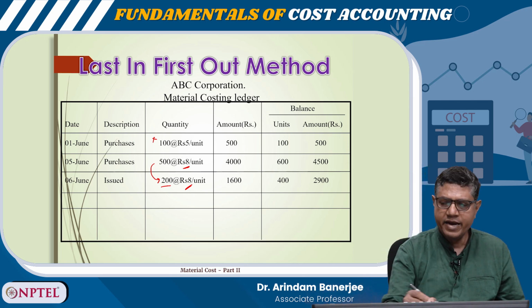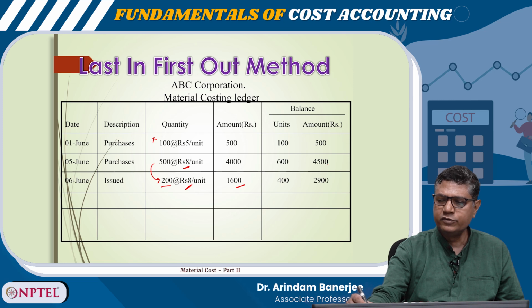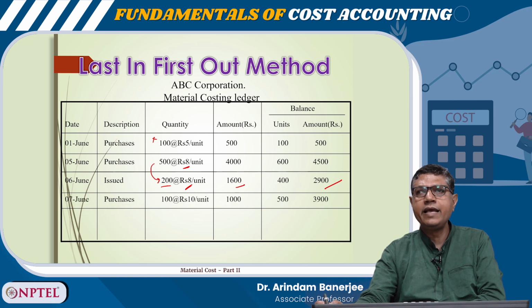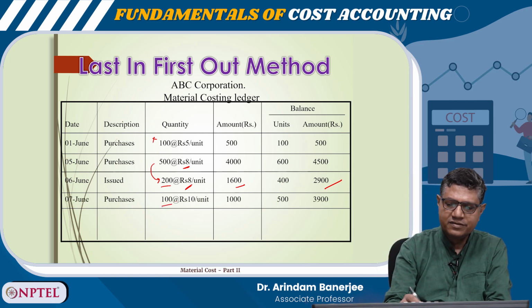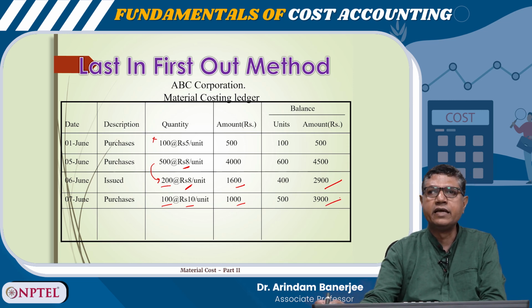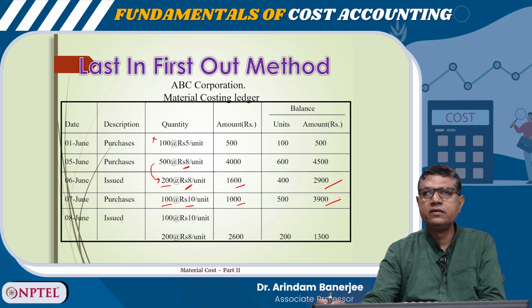Fine. So, 8 into 2 hundred, 1600, and of course, 4500 minus 1600 is 2900. Then again purchase happened, and 100 into 10, now the rate got changed. So, it is 10 rupees. So, 1000, 3900. Then issuance happened.